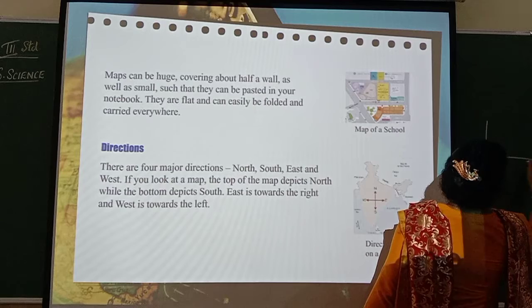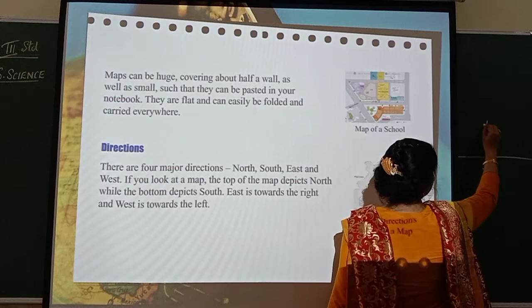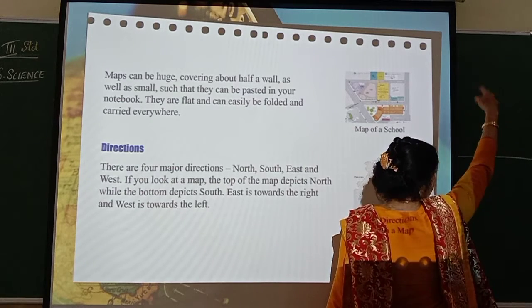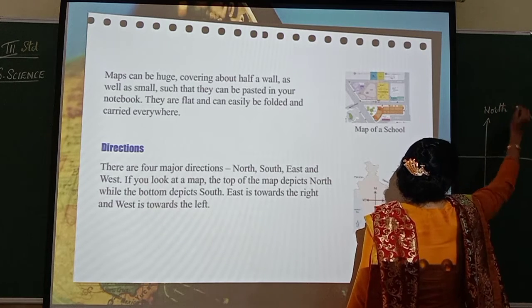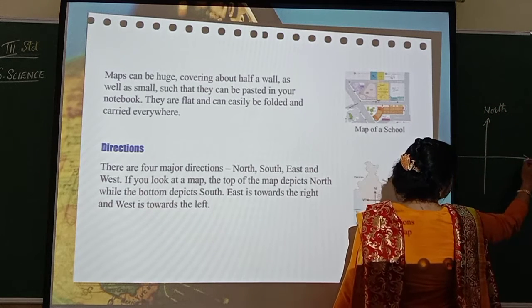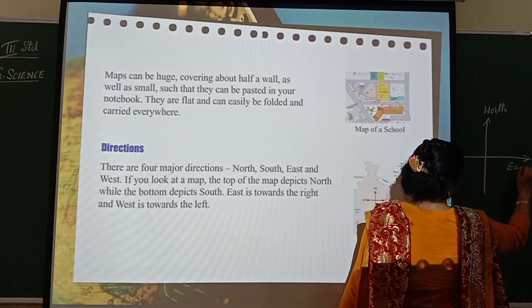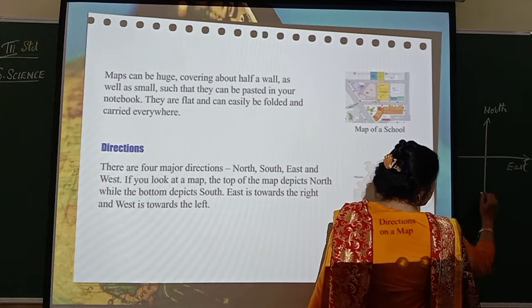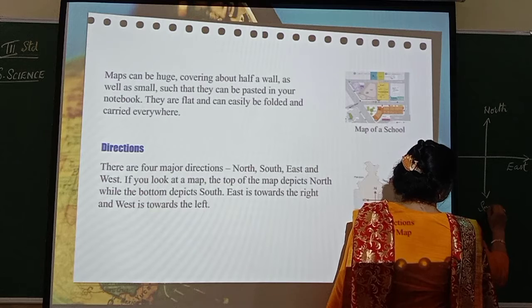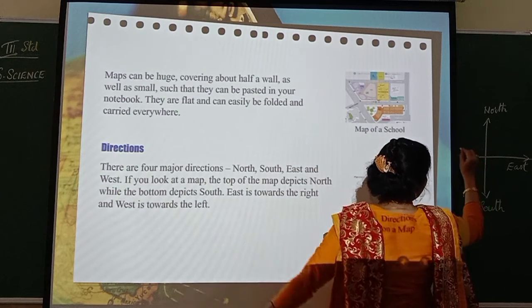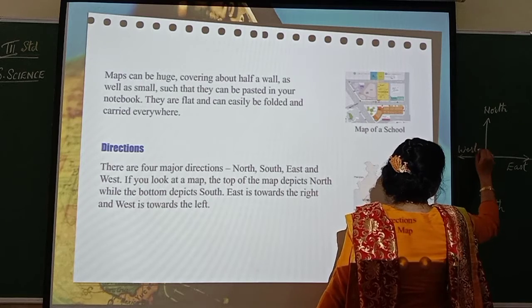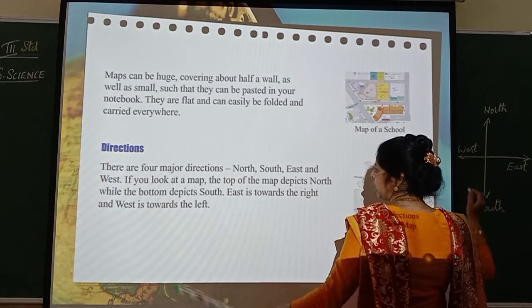So there will be 4 directions: facing up will be north, facing to the right will be east, facing downwards will be south, and facing to the left side will be west. Okay, that is the meaning they have told here.